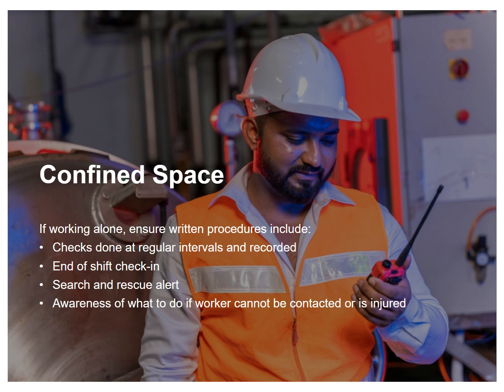If you work alone, follow the written procedures on entering enclosures of toxic process gases with poor ventilation. Checks done at regular intervals and recorded can include visual checks, radio contact, or a telephone call-in procedure. An end of shift or task check-in must occur. There must be a search and rescue alert and awareness of what to do if a worker cannot be contacted or is injured.